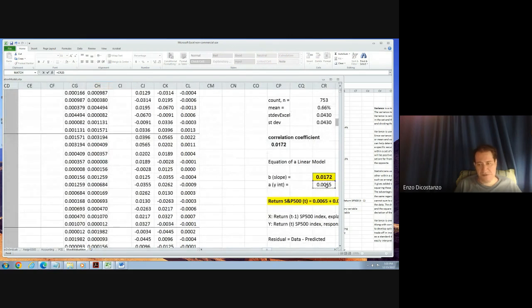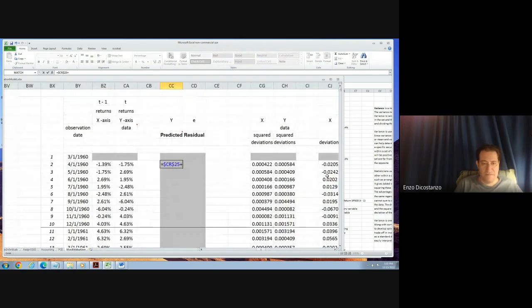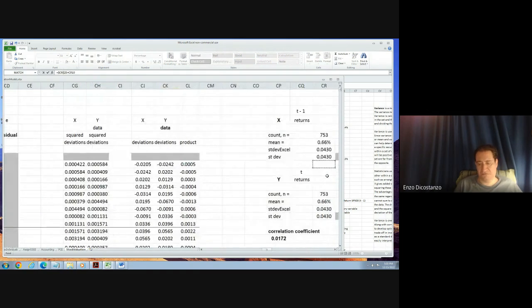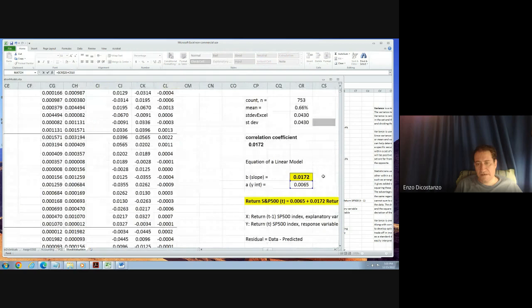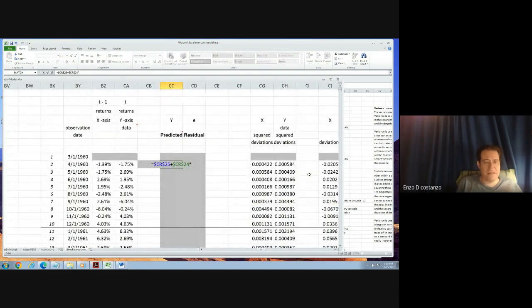Here's the intercept, which you're going to lock, plus the slope, which you're going to lock, and then you're going to times this by x, which is yesterday's return.